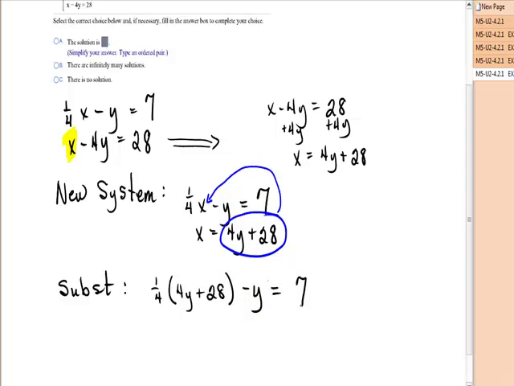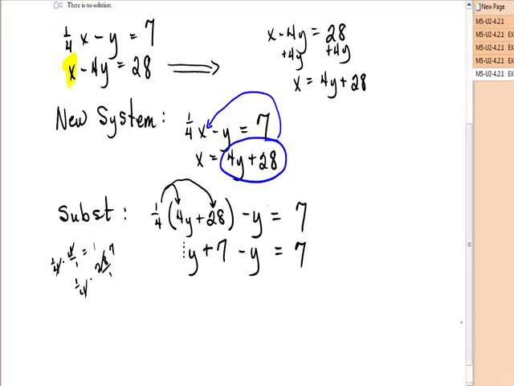Now, at first you might think, oh no, I have to work with fractions, but this problem has made it pretty friendly. 1/4 times 4, put the 4 over 1, those divide out, and you get 1. This is 1y plus 1/4 times 28, put the 28 over 1, 4 goes in there 7 times. I have plus 7 minus y is equal to 7. So it was not hard to take 1/4 of 4 and 1/4 of 28.